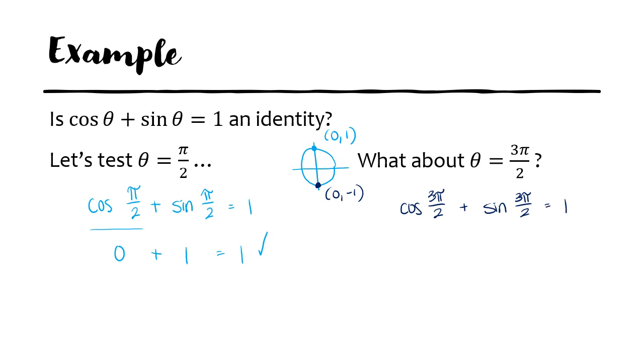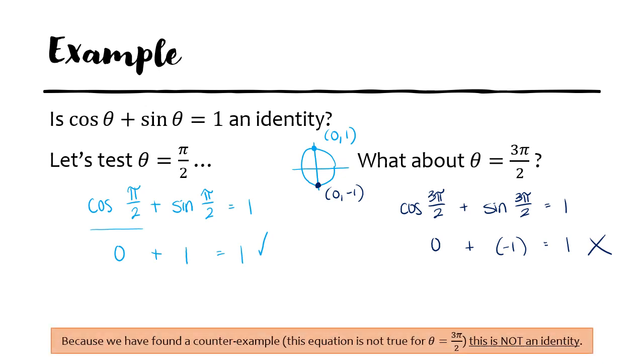Well, the cosine value is still 0. The sine value is now -1. So we can see we have come across a counterexample. 0 plus -1 is not equal to 1. So this proves that this equation, cosine of theta plus sine of theta equals 1, is not an identity, because we are able to determine a counterexample.